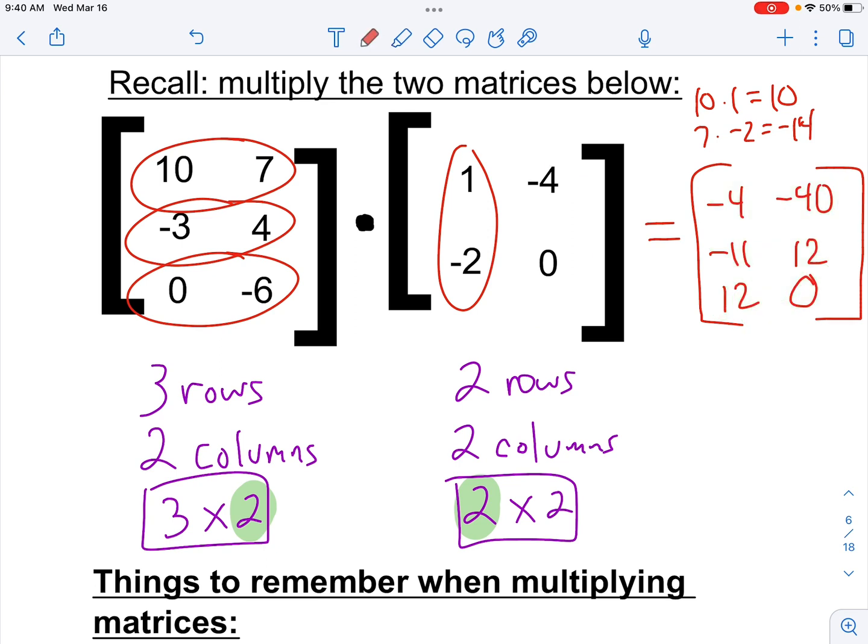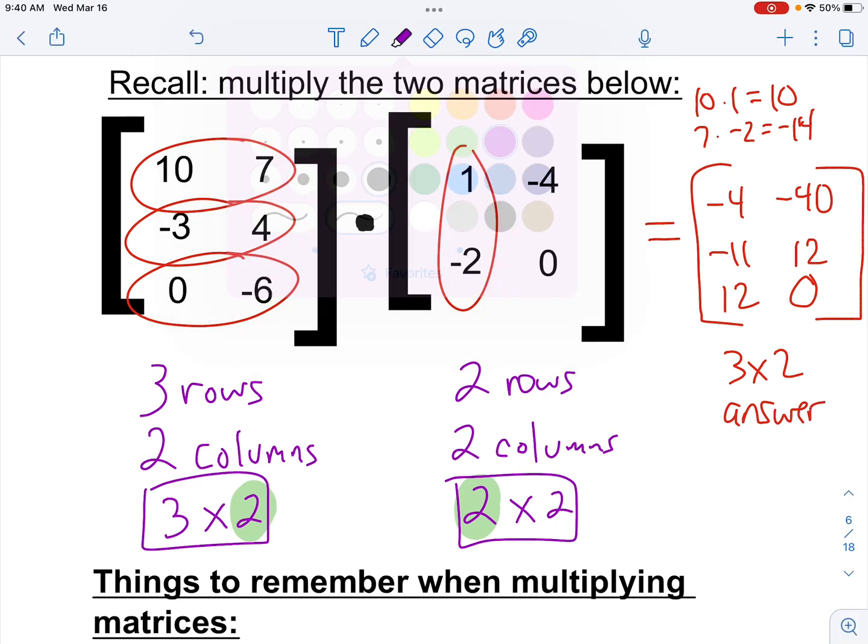And our final answer was a 3 by 2. Our 3 by 2 result comes from that number and that number. The outer numbers of the dimensions of the original 2 matrices are the dimensions of your final output matrix.